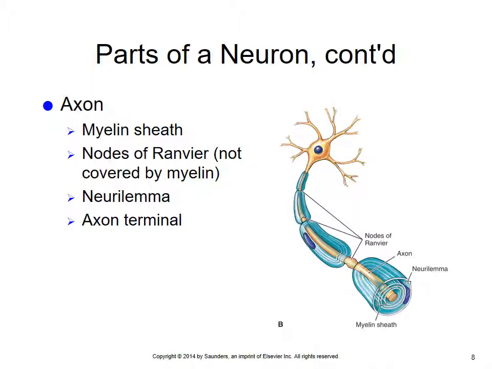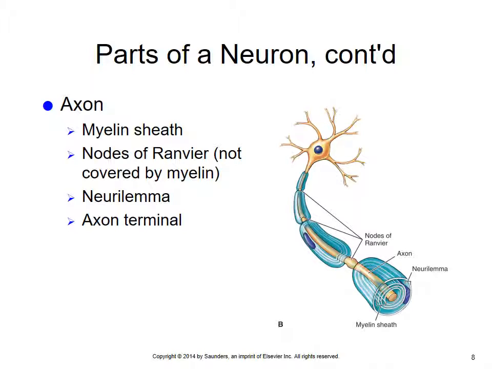This slide also illustrates some parts of a neuron. You see the axon, which we saw on the previous slide. This shows you what's called the myelin sheath, which surrounds the axon. The nodes of Ranvier, and you can see those little areas that go in that are pointed out in this illustration, are not covered by myelin.